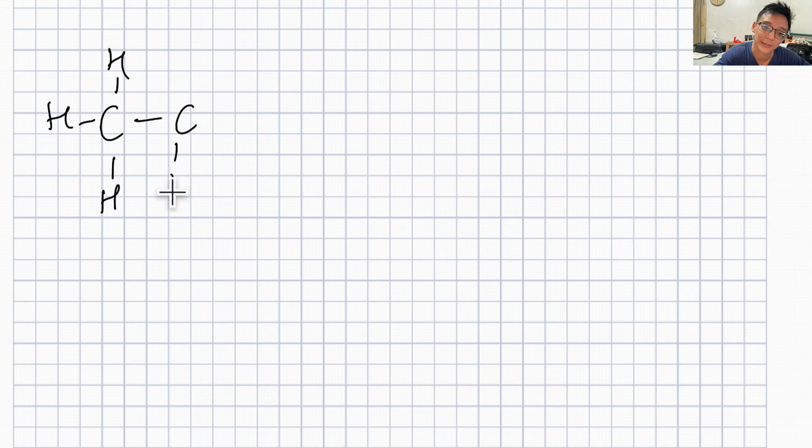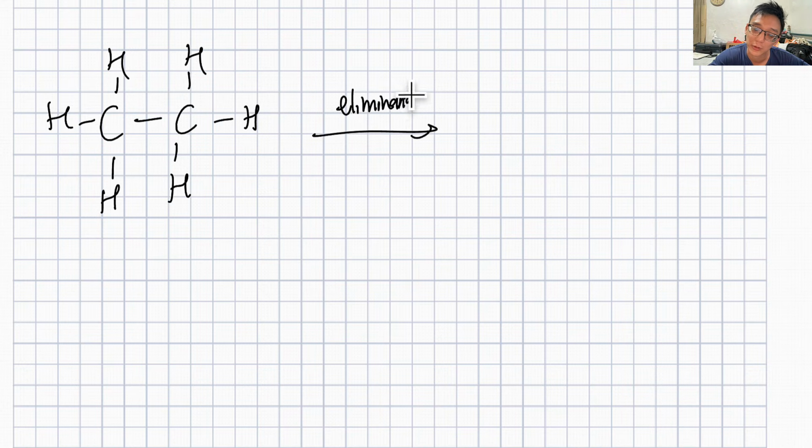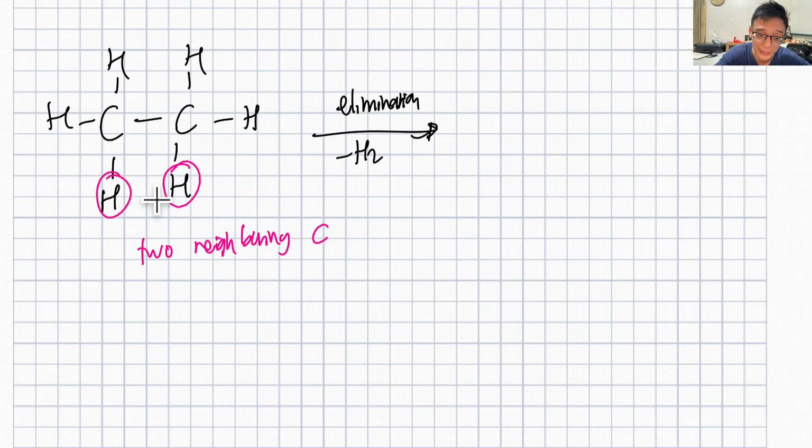Let's use the simplest example. And then we try to do elimination, usually using a catalyst. The catalyst would be metals. So this process would eliminate hydrogen. It takes two hydrogens from two neighboring carbons. So let's say that it takes this hydrogen and this hydrogen.